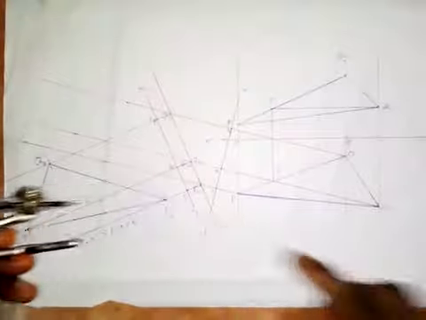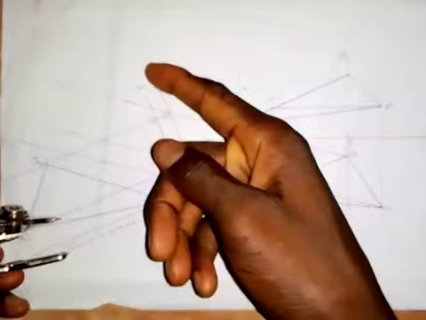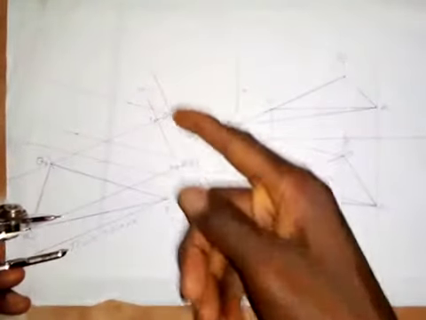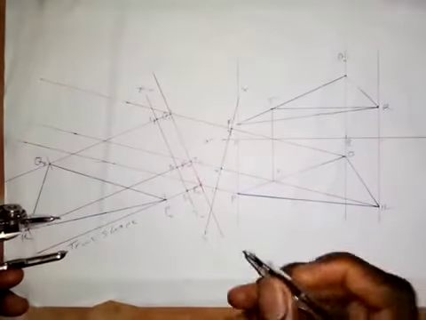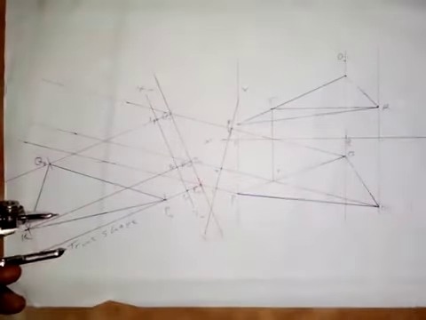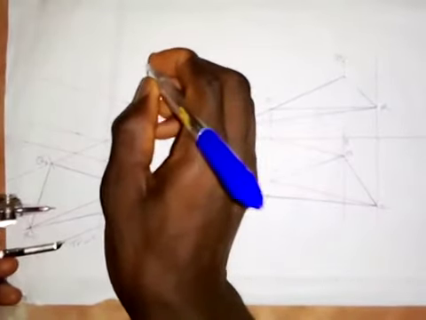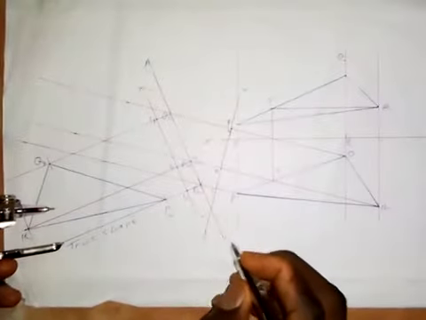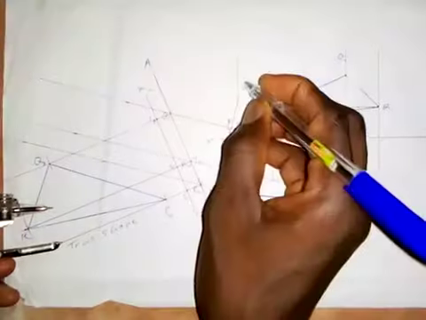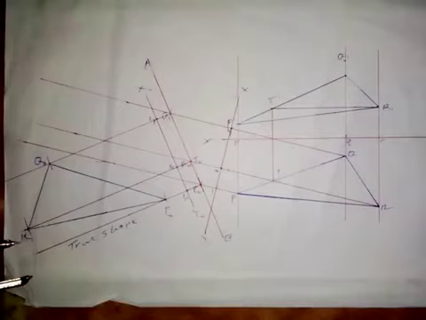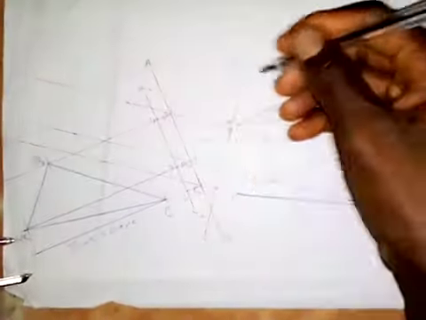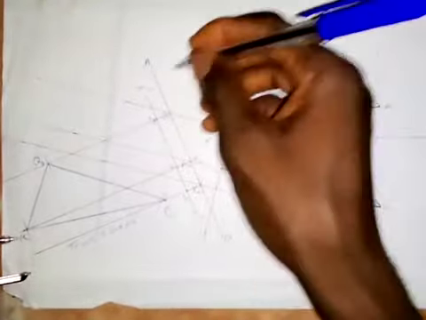So angle to the horizontal plane. The angle to the horizontal plane is the angle between this auxiliary elevation, so let me call it line AB, and the line that intersects x1 y1. So this line AB that intersects x1 y1 is known as the auxiliary elevation.